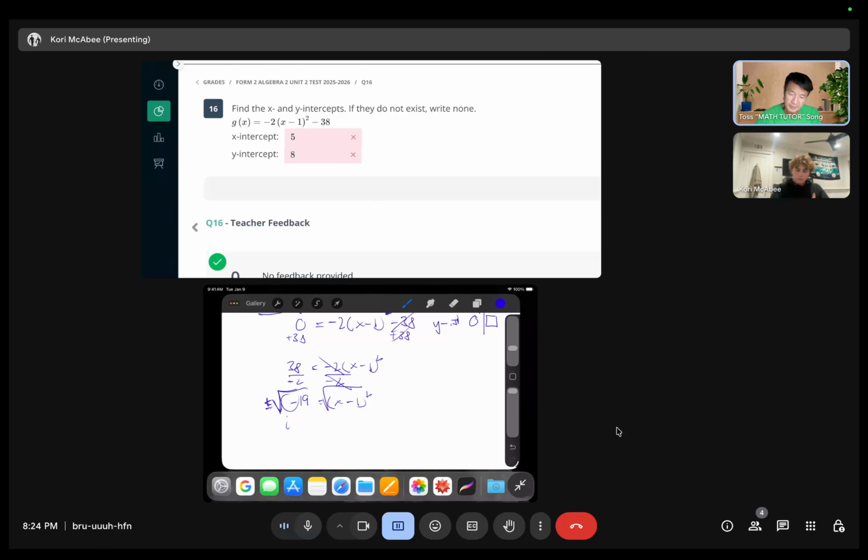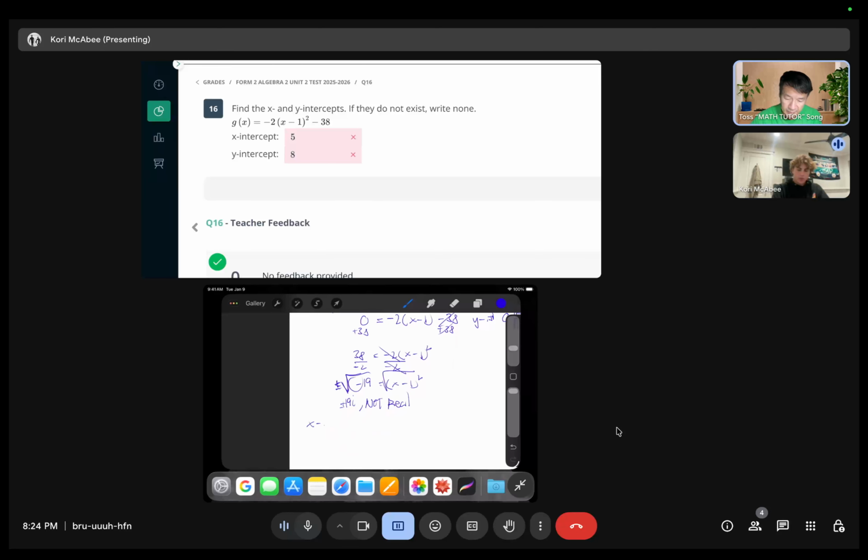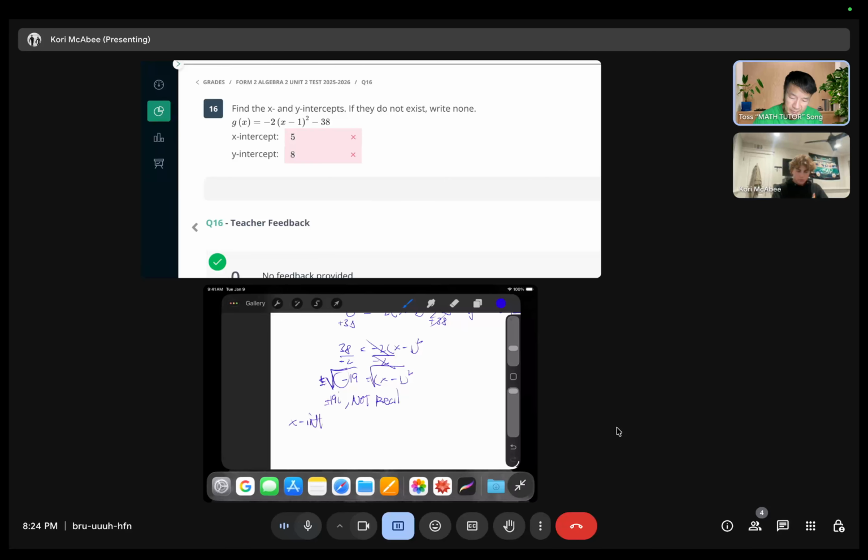So you can say plus or minus i root 19. That's not real, it's not on a real plane. You cannot graph it. Therefore, the x-intercept does not exist again, so you say x-intercept: none. Any i in the answer, in the root, means none.